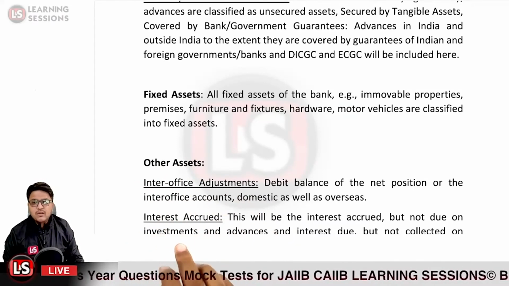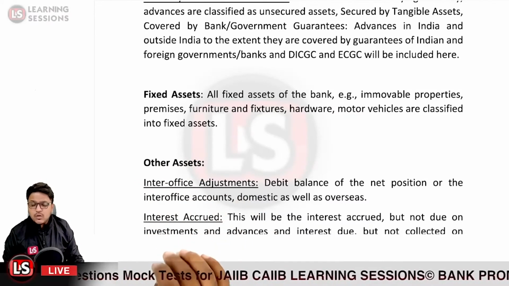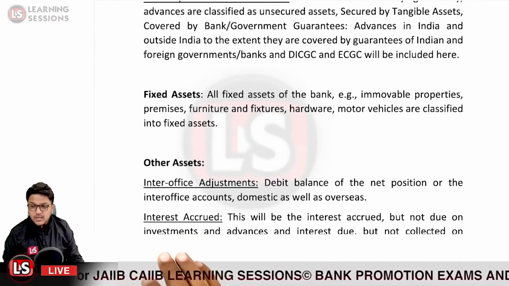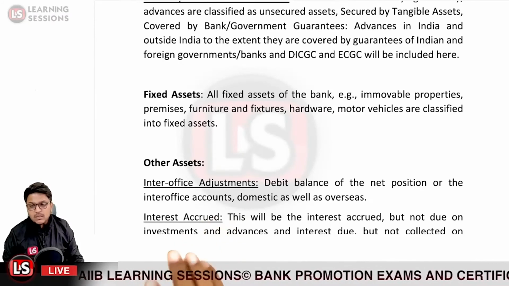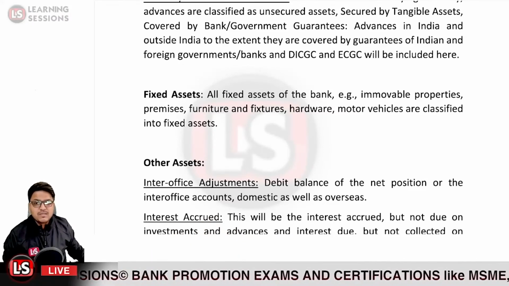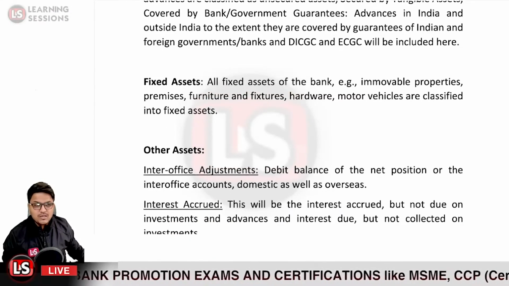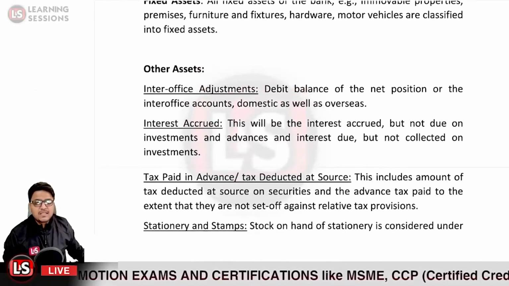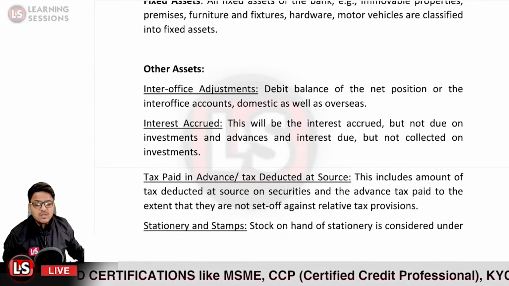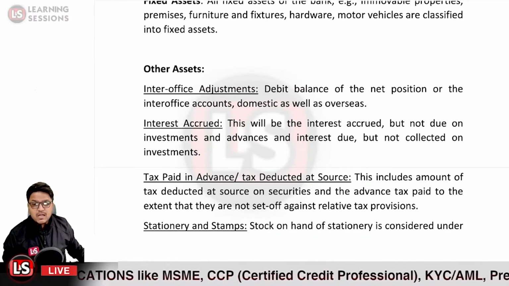Further, interest accrued: whatever interest you are to get on the advances, which is not yet paid or due but has accrued, will be related to interest accrued. Then there is tax paid in advance. If you have paid tax in advance or tax deducted at source, that will also be your asset.